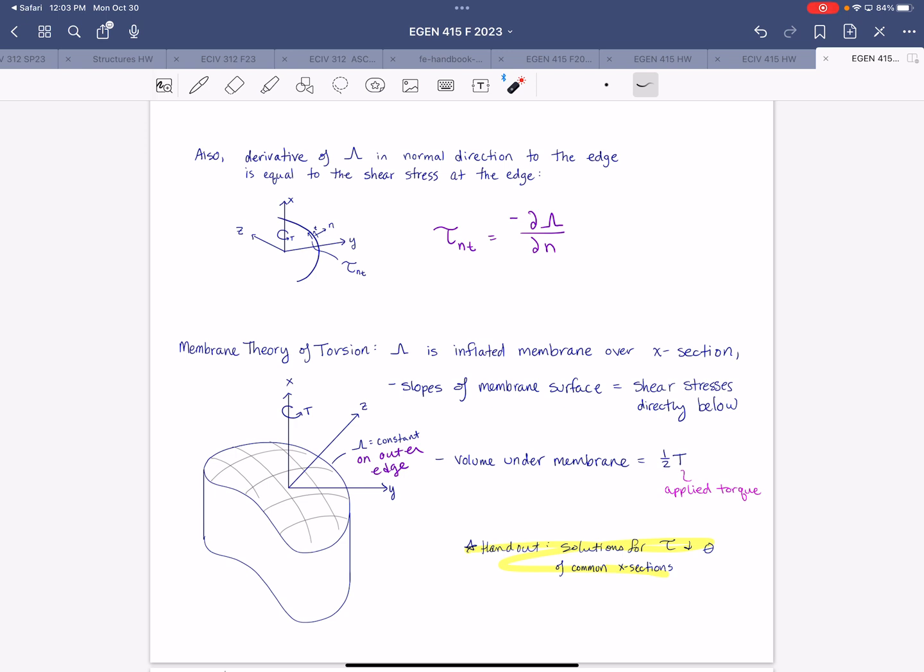And so this is consistent with what we are familiar with regarding torsional shear stresses, where you have 0 shear stress at the center of twist, and then the maximum shear stress is at the outer edge. So as R increases for a circular section, the torsional stress increases to a maximum at the outer edge. And it's similar for non-circular sections. We just have a varying, quote, R, and we have to relate it to this membrane function.